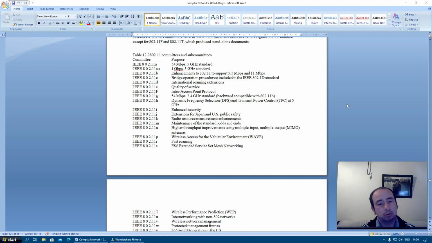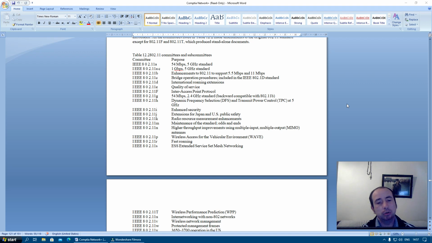IEEE 802.11b: enhancements to 802.11 to support 5.5 megabits per second and 11 megabits per second. IEEE 802.11c: bridge operations procedures included in the IEEE 802.1d standard.